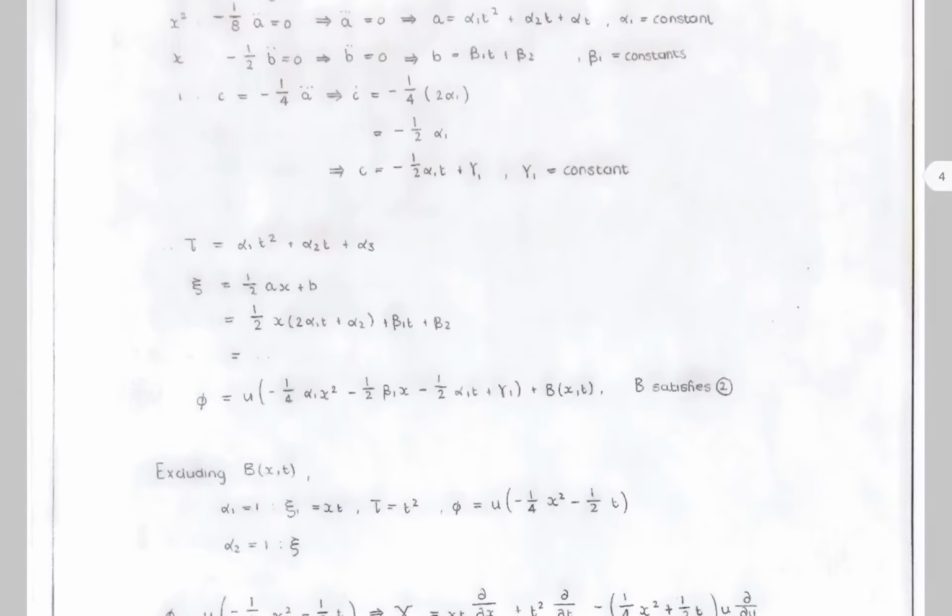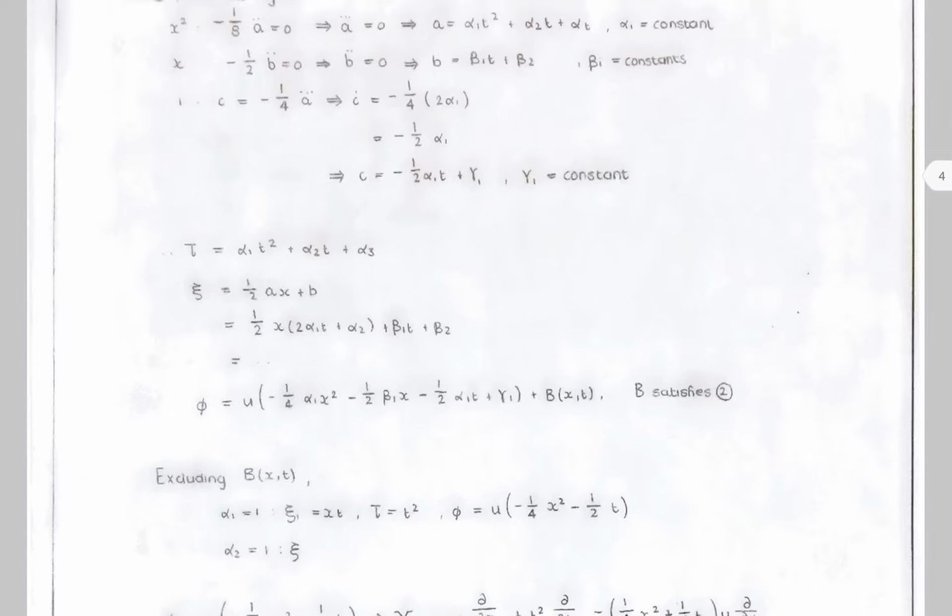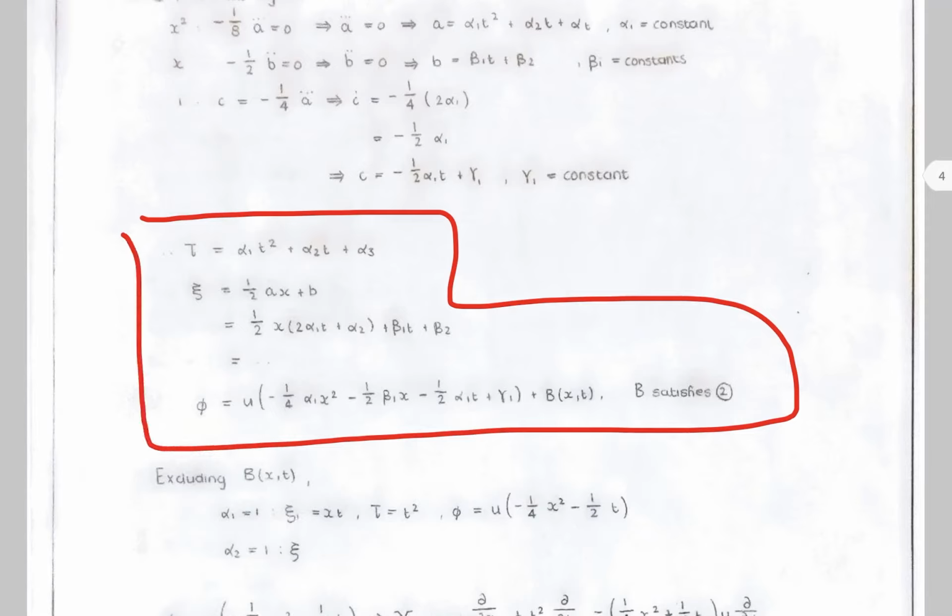So it turns out that the final form of the coefficients tau, xi and phi are given by these, where the alpha i's, a, b's are all genuine constants. And we do exactly what we did before, and that is that we let each constant equal 1 at a time and the rest equal to 0, and we generate all the basis of the vector fields that leave the differential equation invariant.